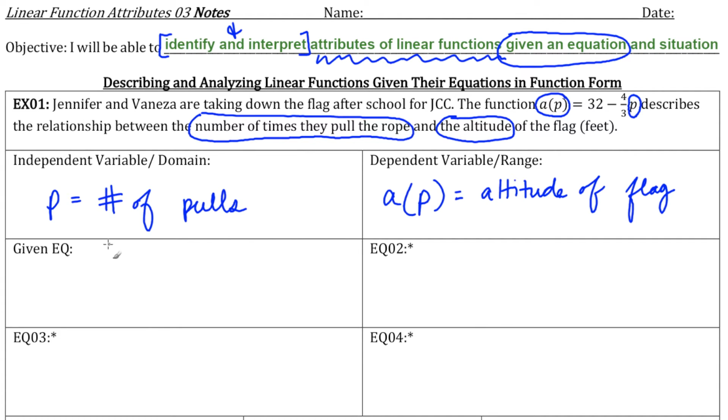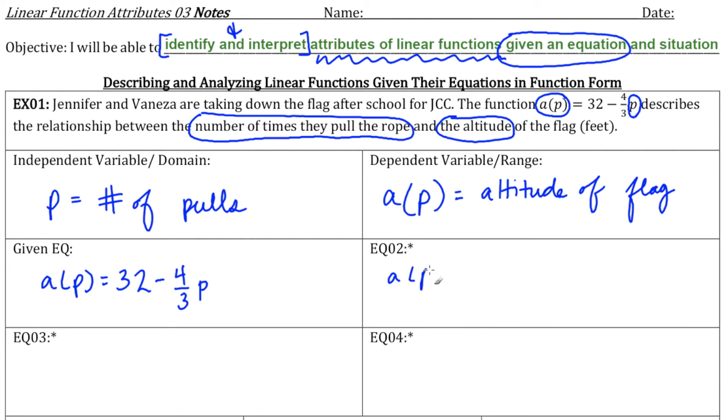Now the equation that they gave us was A of P equals 32 minus 4 over 3p. Don't forget we can write this a bunch of different ways.